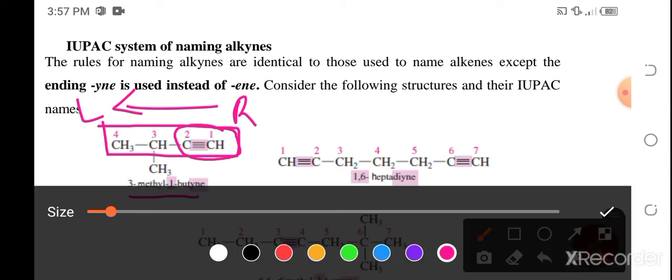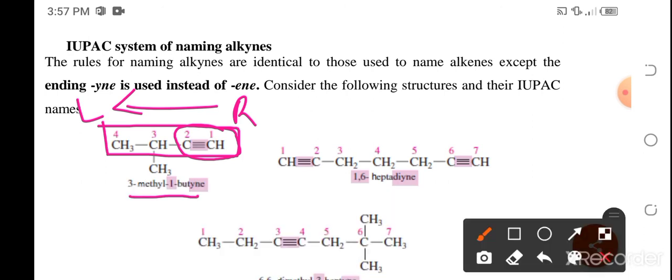Otherwise, if numbered from left to right, this one would be carbon number 1, 2, 3, and 4. The triple bond is between 3 and 4, however the substituent would be on the second. The rule in naming is that you have to come up with the lowest number for the triple bond because it has more priority over the alkyl.